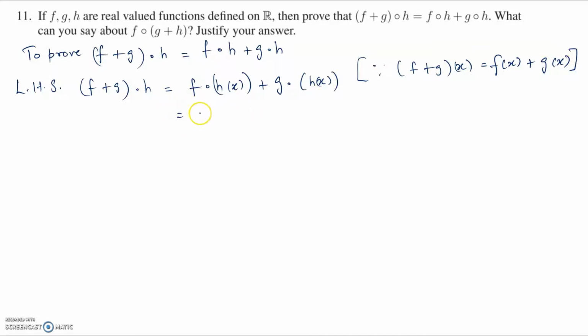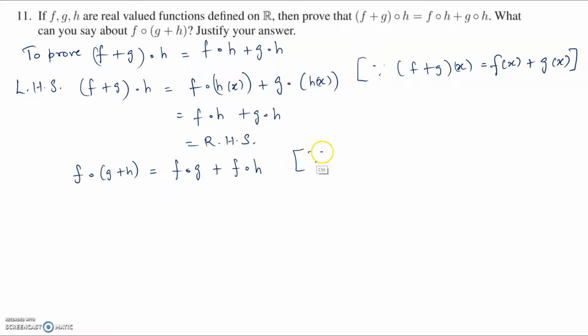So that's nothing but f composite with h plus g composite with h, which is equal to the right hand side, hence the proof. Now regarding f of g plus h, again we can say this is f of g plus f of h, since f, g and h are all real valued functions.